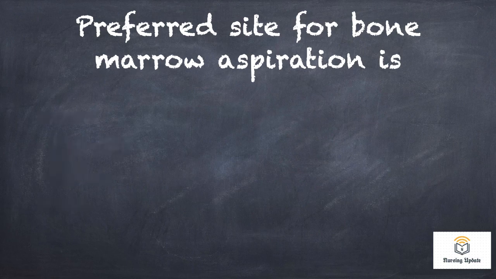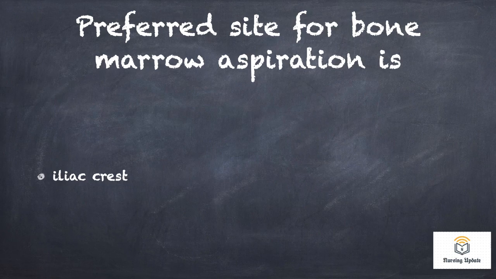So the answer is iliac crest. In children, they will take from the anterior superior iliac crest. This is also an MCQ case. In children, the most preferred site for bone marrow aspiration is the anterior superior iliac crest.